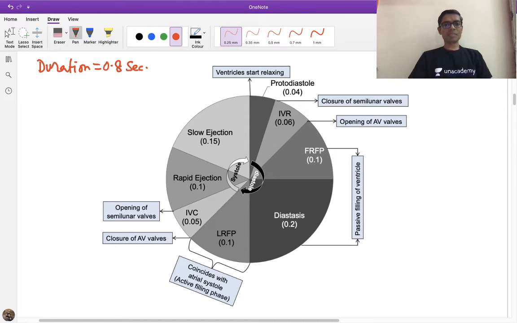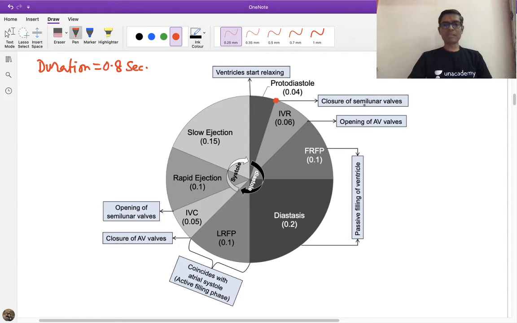Okay, so these are the different ventricular events, or ventricular phases, which is nothing but cardiac cycle. Now if you start from here, that is the beginning point of the diastole. Now please remember, at the beginning point of the diastole there is closure of the semilunar valves.